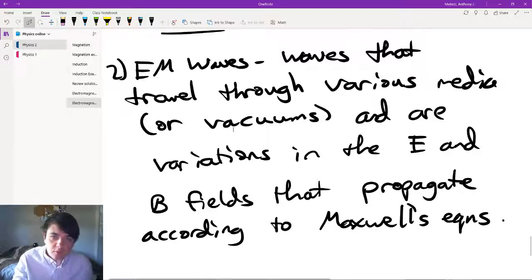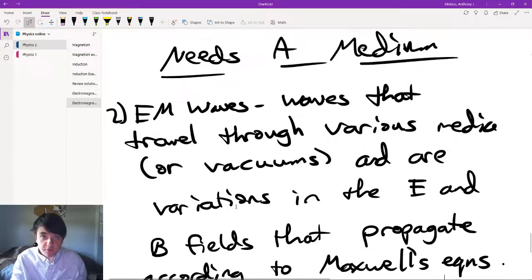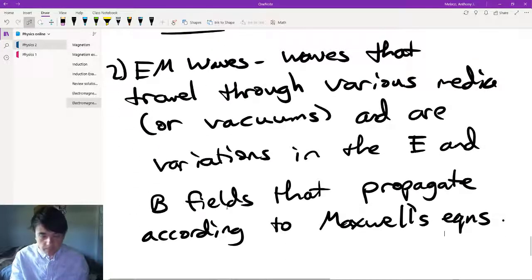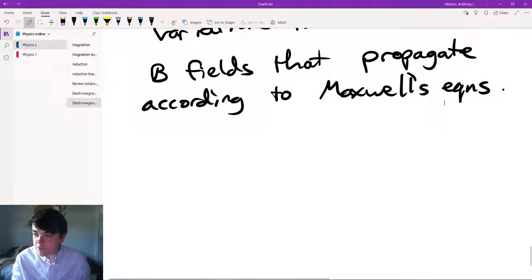Okay? So they're variations not in local pressure like sound waves, or variations in like the drum, but it's variations in E and B fields that propagate according to Maxwell's equations.